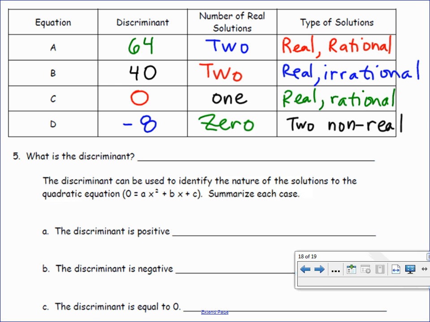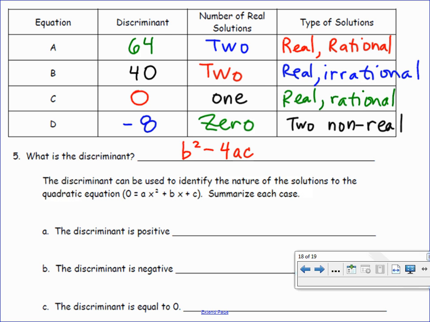All right, so what is the discriminant? The discriminant is that quantity b squared minus 4ac. It's the number I get when I evaluate b squared minus 4ac, the number inside the radical. There's no radical in your discriminant. The discriminant can be used to identify the nature of the solutions to the quadratic equation.